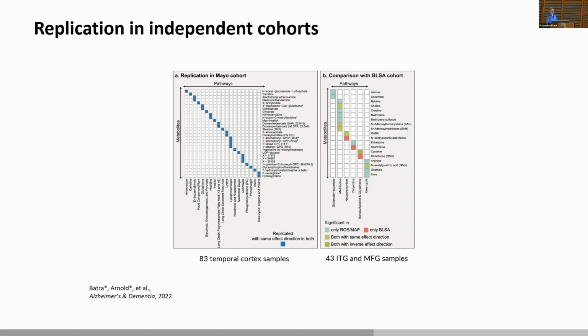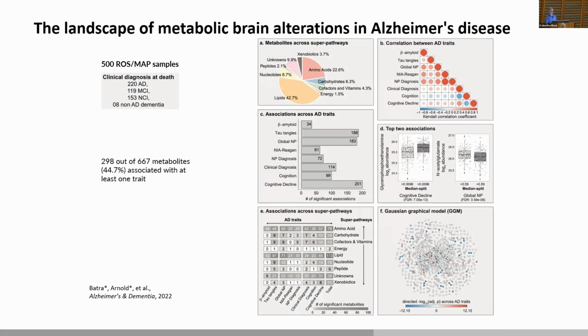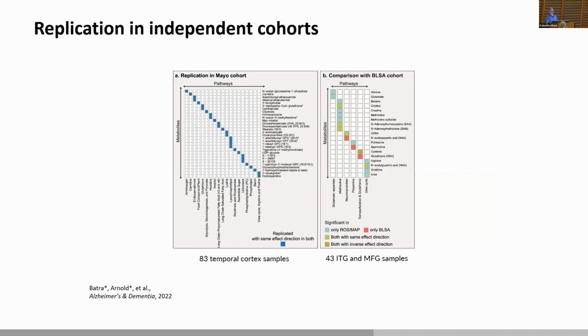Plus, these hits were in other brain tissues. So the original analysis was in the dorsolateral prefrontal cortex, and this is in different temporal regions of the brain. But those 30 hits that we can see across different brain regions were very strong hits for metabolic dysregulation that we believe are true throughout the brain.